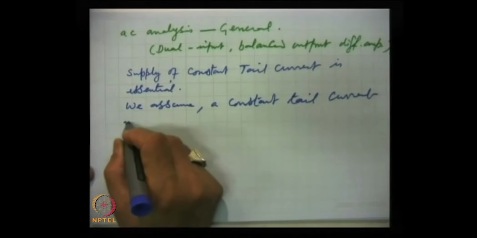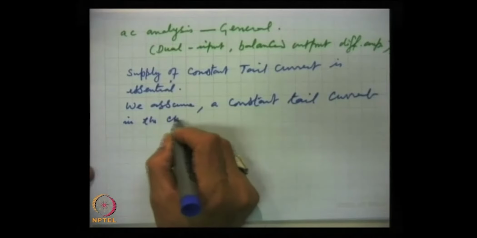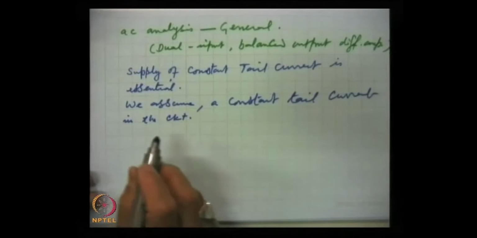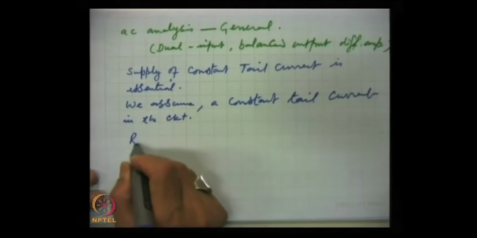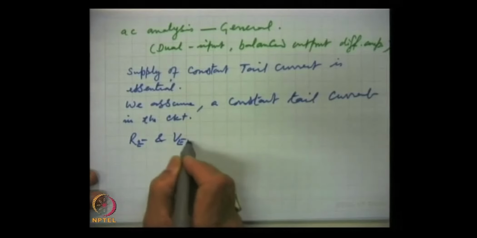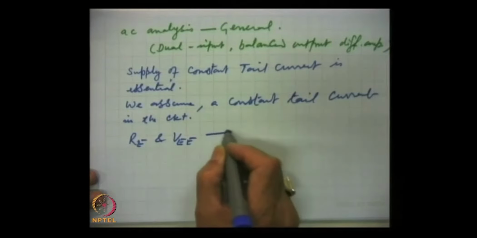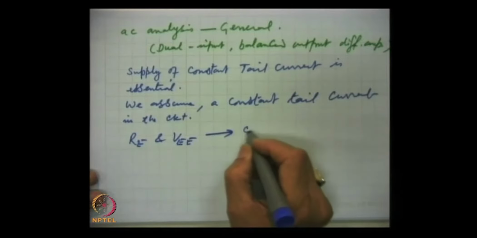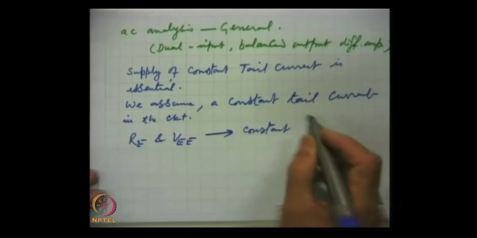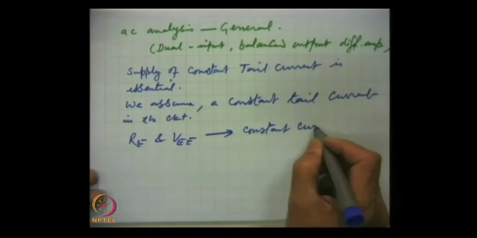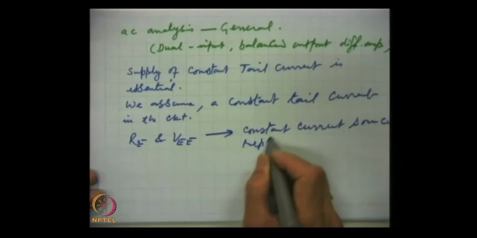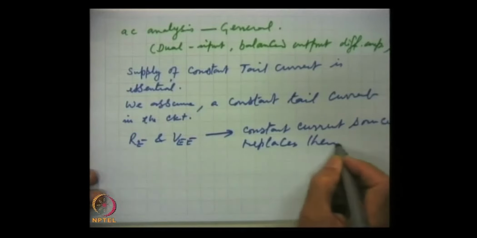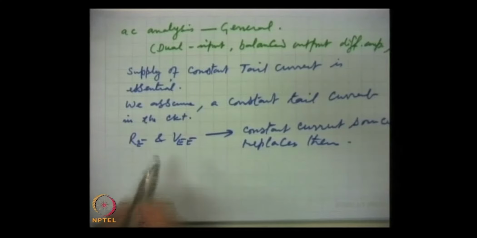in the circuit. So, this RE and VEE arrangement can be replaced by a constant current source. Constant current source replaces them. So, what will be the circuit?